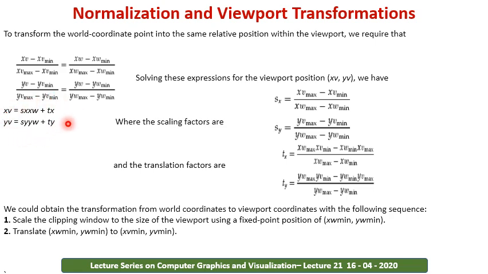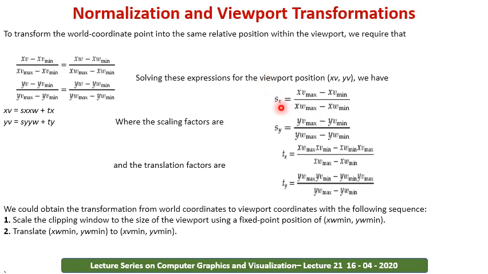So this equation will give us the viewport position which is mapped exactly with the world coordinate point, where sx and sy are considered as scaling factors. These scaling factors are calculated depending upon our viewport position as well as the world coordinate points.